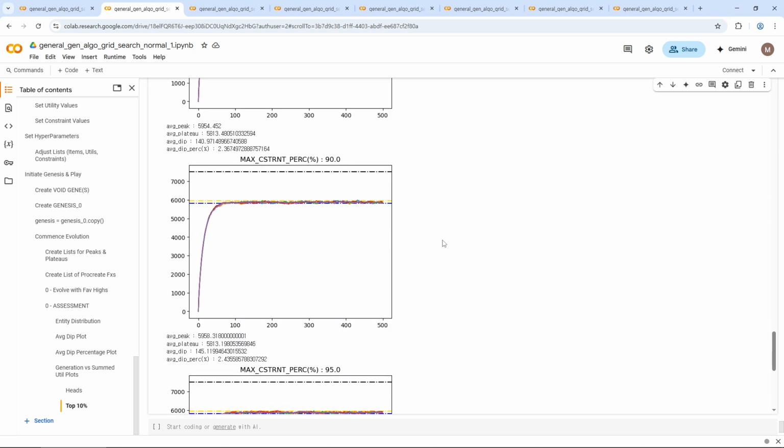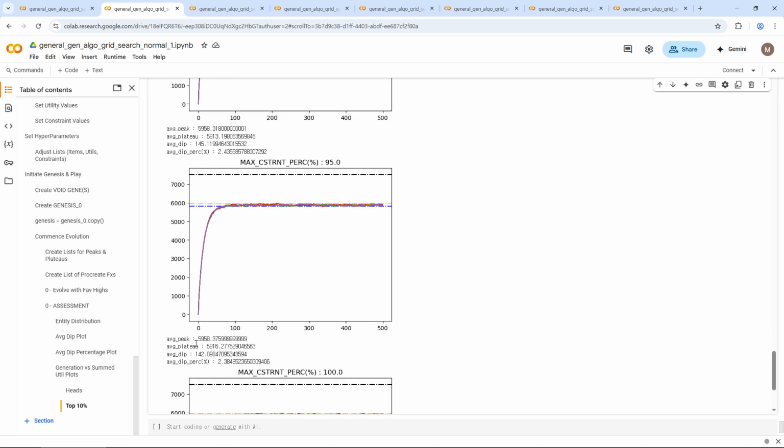We got to 95, and then the average peaks were less than 6,000. So this means that except that one top entity that hit the maximum ever, all the rest were just not doing their jobs in terms of evolving.